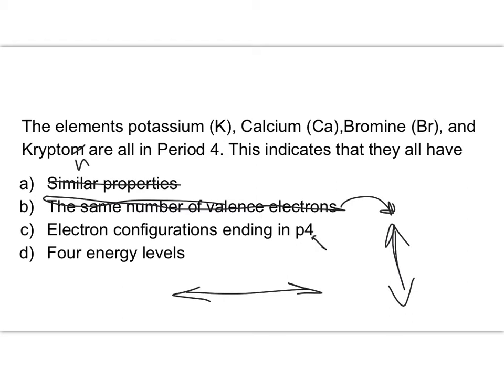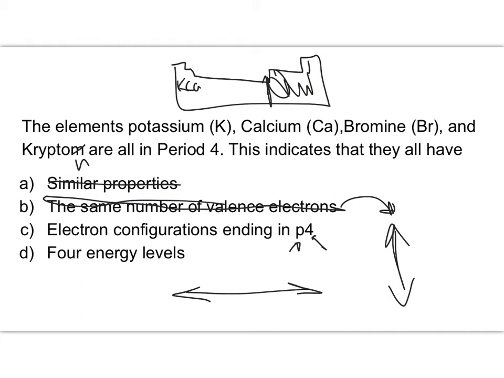They all have electron configurations ending in p4. Well, it's got the number 4 in it, but if it ended in p4, it would have to be from a specific area of the periodic table. All right, so the p block on the periodic table is this section over here, and these elements don't all come from there. Potassium and calcium are both over on the left-hand side.